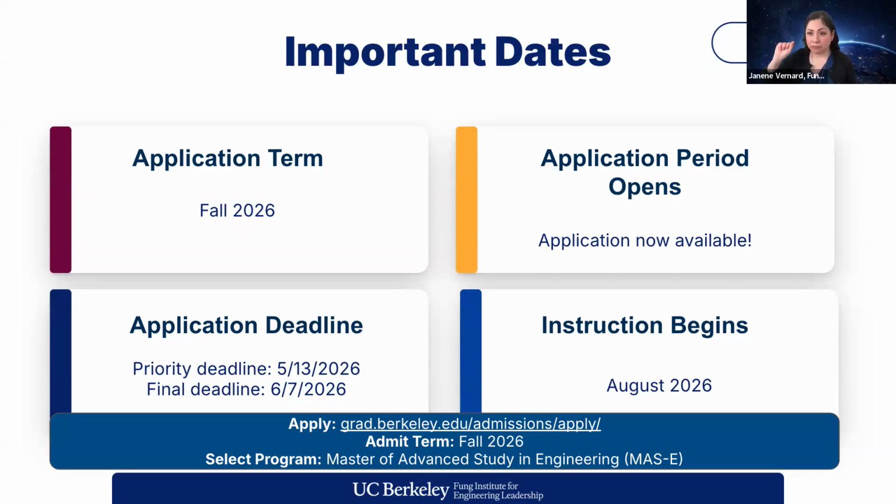But if you submit without payment and then you submit a fee waiver request, the first 30 of those will be granted a waiver, and we'll get into it shortly. And the second benefit for the priority deadline is that your application would be reviewed earlier, and you would receive a notice of whether you were admitted earlier. And then the final deadline is June 7th, 2026.